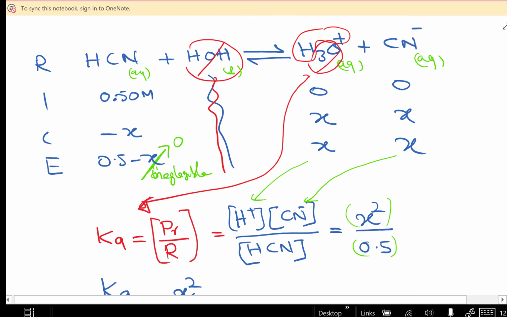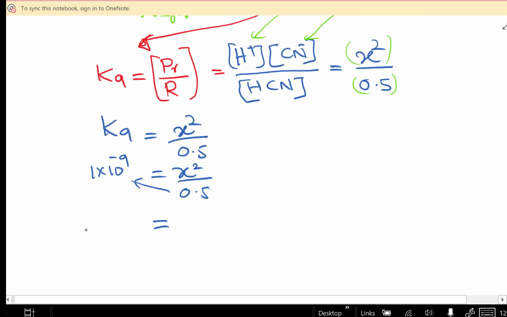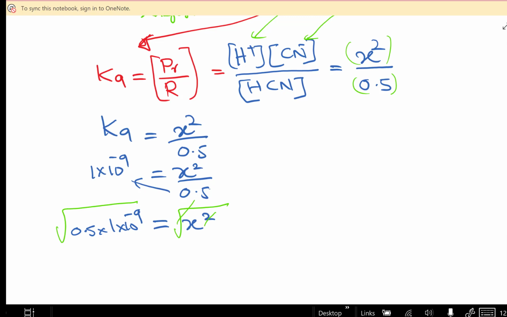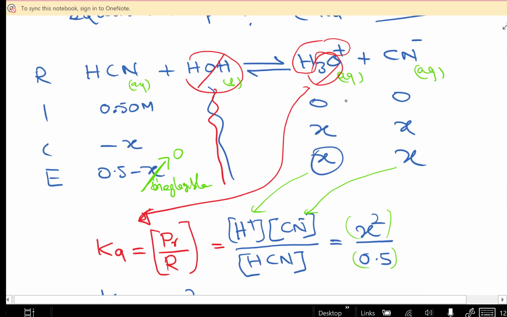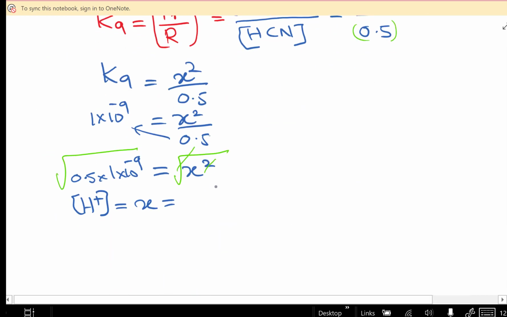So the Ka is x squared over 0.5, right? And the Ka value is given, 1 times 10 to the minus 9, and x squared over 0.5. Now, cross multiplication, you get this, and take the root to cancel the x squared, so you get x, which is H plus. So yeah, H plus is actually H3O plus, which is x.